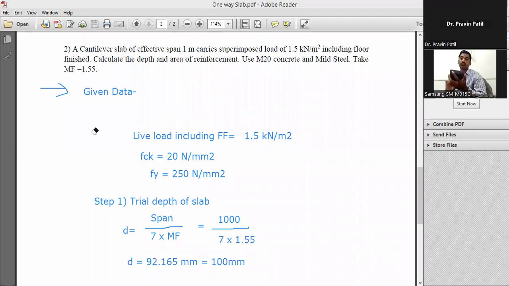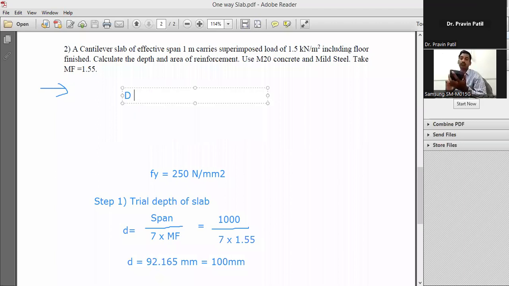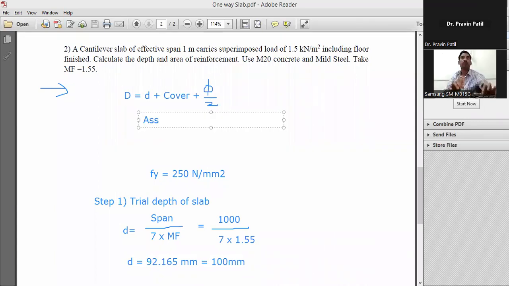Okay. So now we need to calculate the overall depth. Capital D is equal to small d plus cover plus diameter of bar by 2. Assume cover is equal to 15 mm and take the diameter of bar as 10 mm.